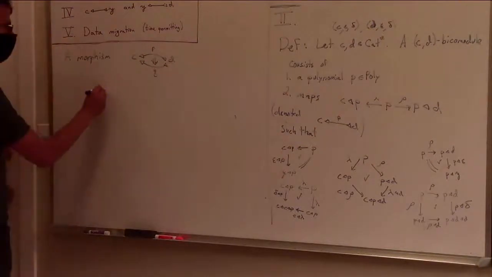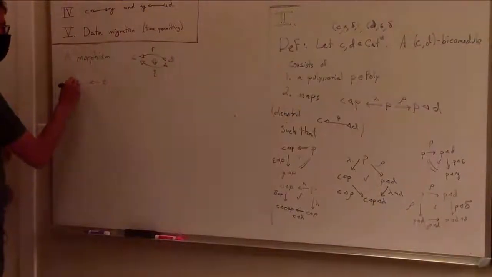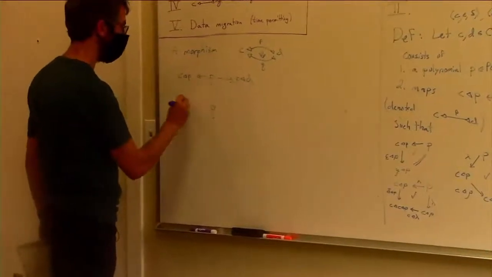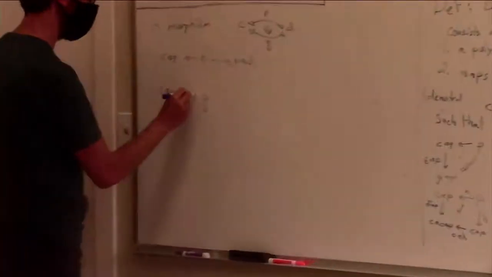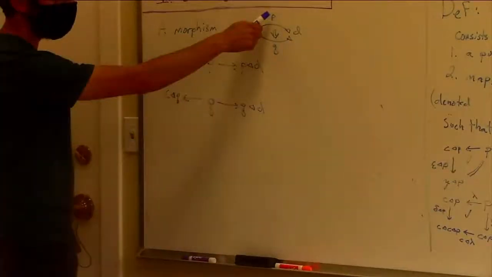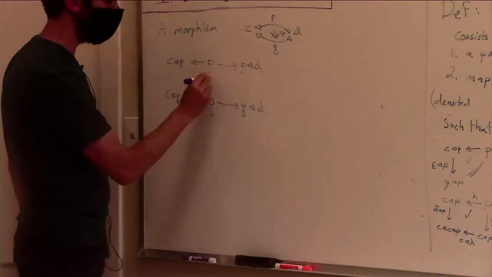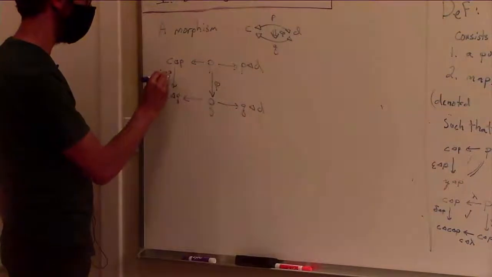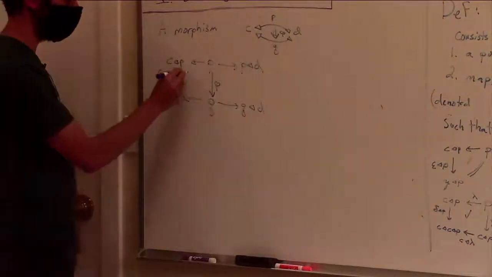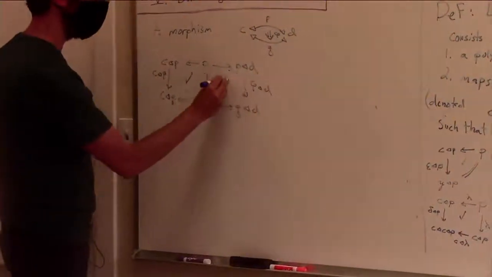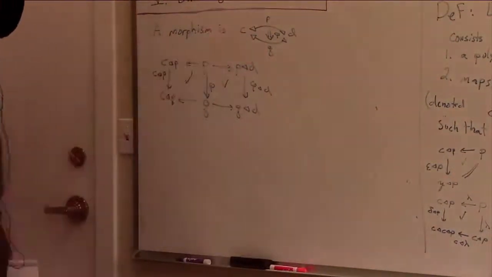Well, I have a map from P to C composed P, and I have a map from P to P composed D. And I have a map from Q to C composed Q. I have a map from Q to Q composed D. And a map from P to Q, if we call it phi or something, should be a phi there, and then C composed phi. Keep the C constant and move the other one. This should work, and this should work. Okay, so that's pretty easy.